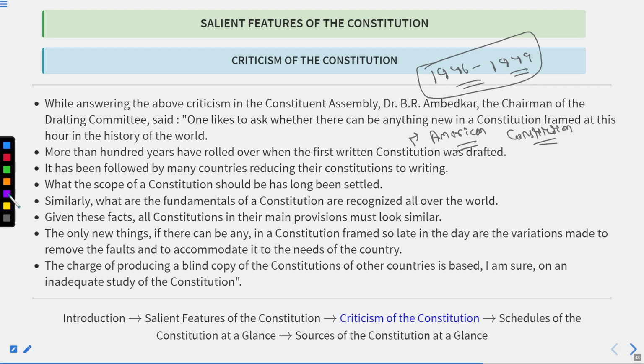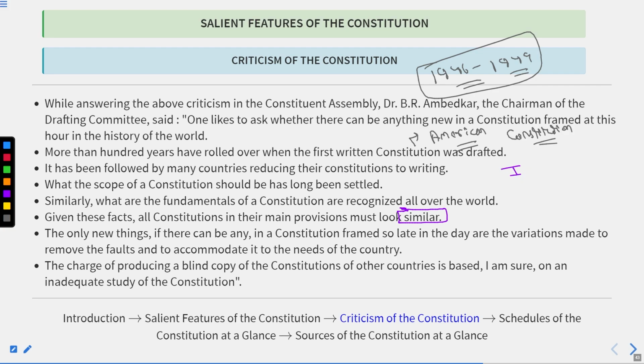All right. And over the period of time, the fundamentals of the constitution are recognized all over the world. Like if any country is going to adopt any type of constitution, then what should be the ideals and the aspirations mentioned in the constitution? This is well recognized all over the world.